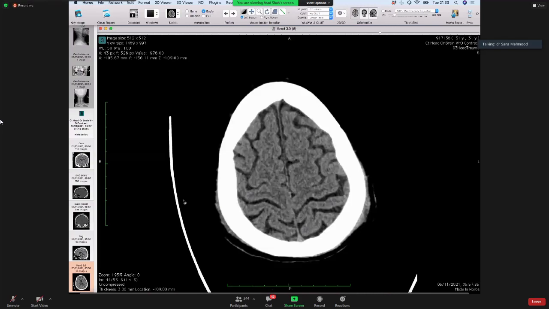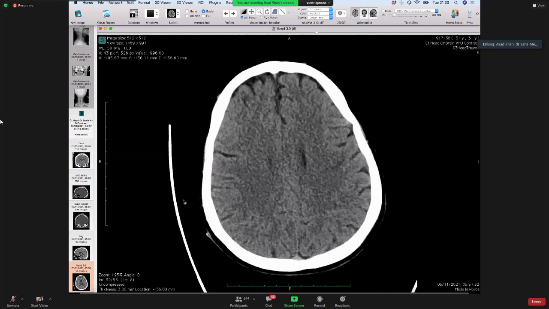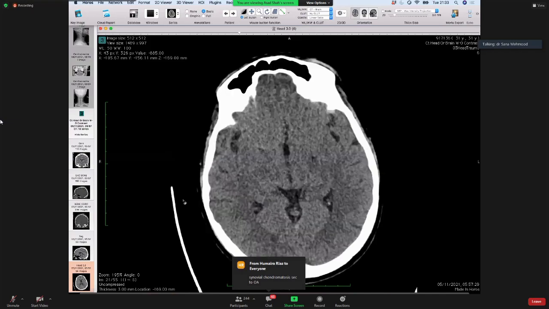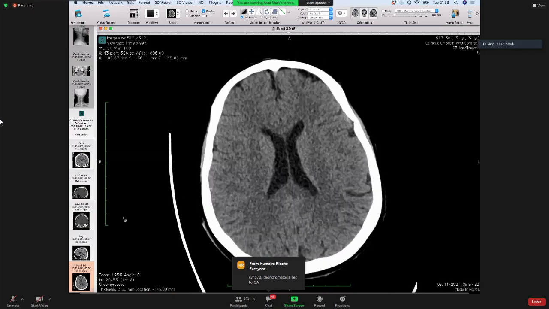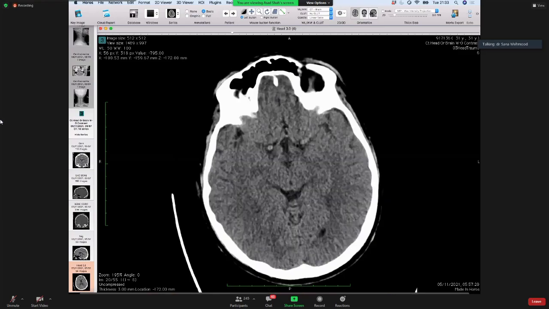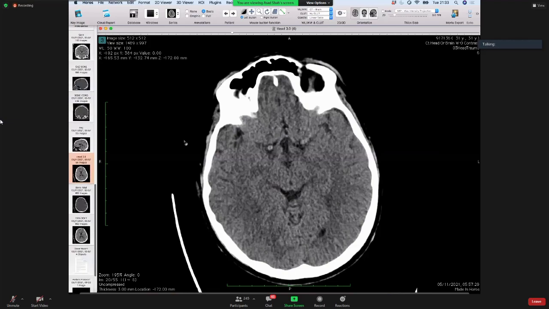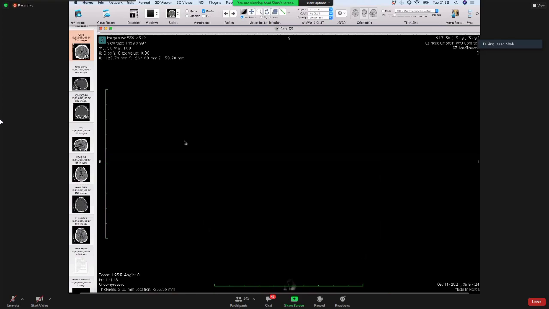And also I can appreciate that there is a hyperdense vessel in the left cerebral hemisphere in the territory of the MCA. That's fine. Ignore that. Don't worry about that. That's normal. Let me show you the coronal reformat, right? Let me just scroll it for you and then you can decide.